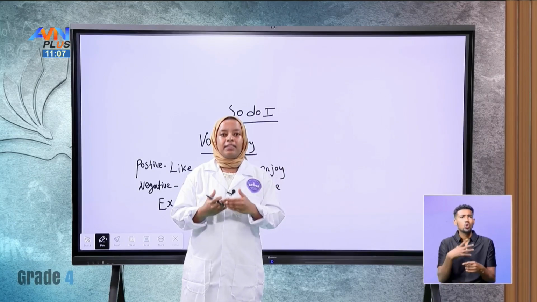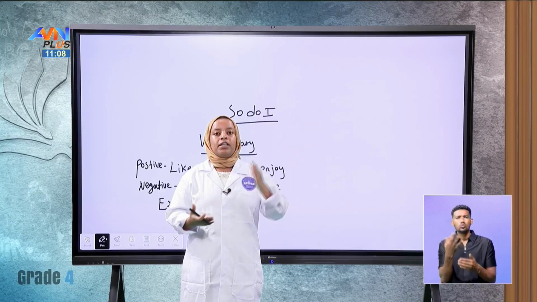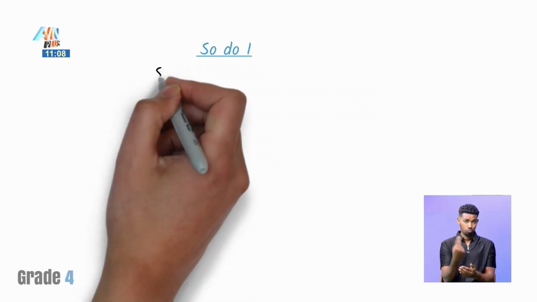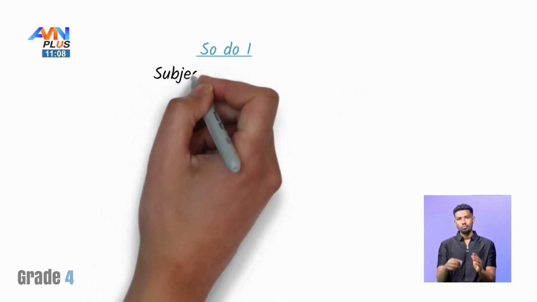Let us see the next one, which is the form or grammar usage of like and dislike. Let me show you that. You can use subject plus like.